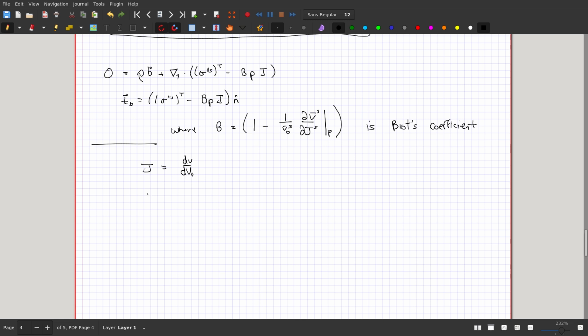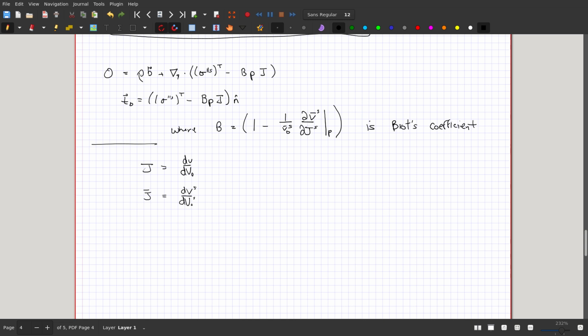Let's define J bar as dV S over dV0 S, right? So this is the volume of the solid in the current configuration divided by the volume of the solid in the reference configuration.